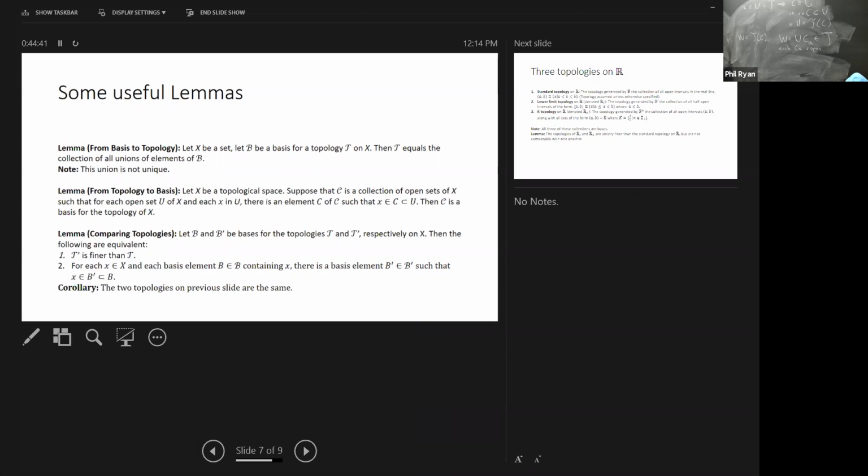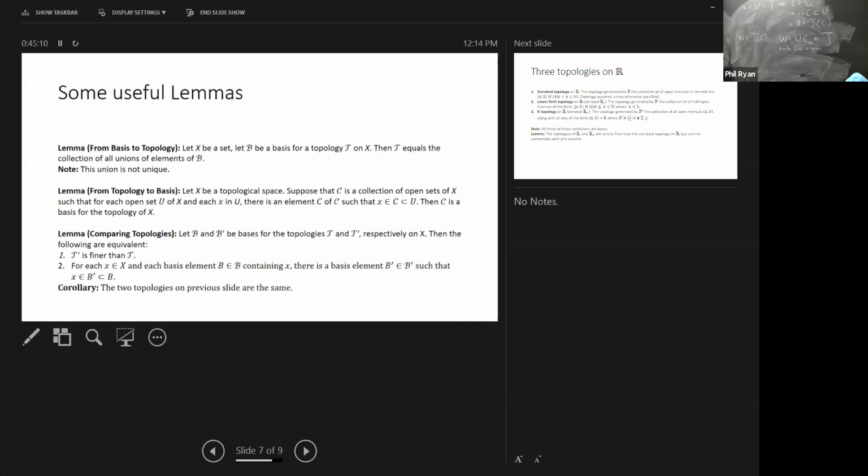It's the same thing as for each X in our set and each basis element B from this topology containing X, there's a basis element B prime from that other basis such that X is in that basis element which is contained within that basis element.